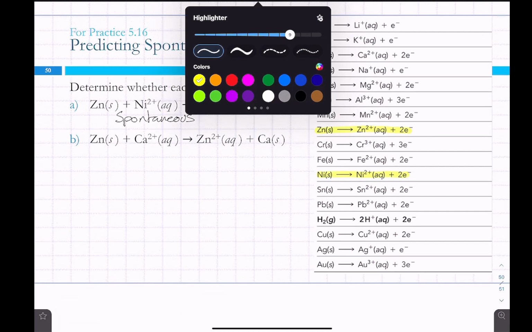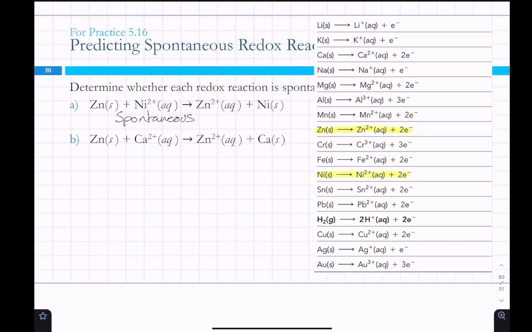But now, a zinc calcium reaction, is that reaction going to be spontaneous? So we find zinc again, and then we say, is calcium below it on the oxidation list, or oxidation activity series?